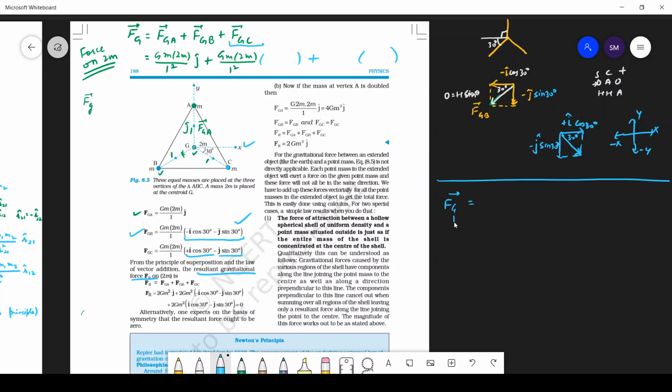Here G means force on the mass at point G, and you can also write it as the resultant force on 2m, that is adding all these three forces. And what do I get from here? This is G into 2, so 2g m square j cap.